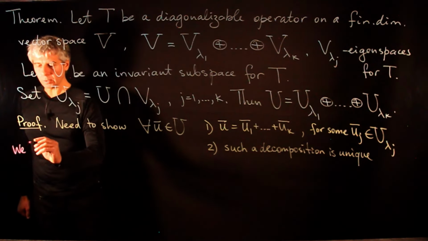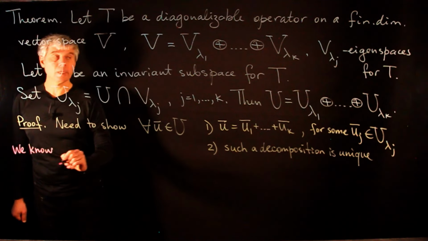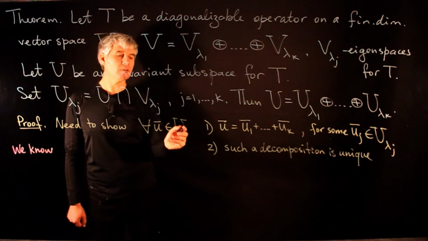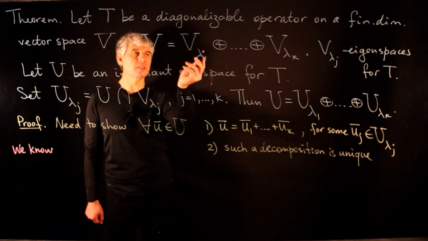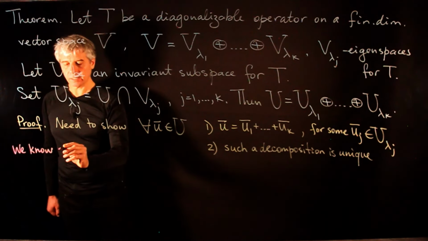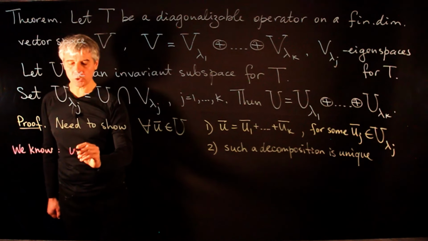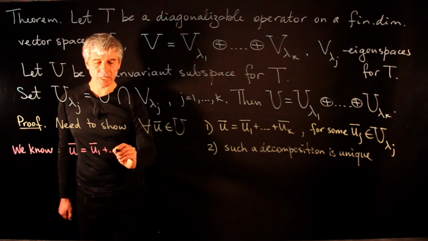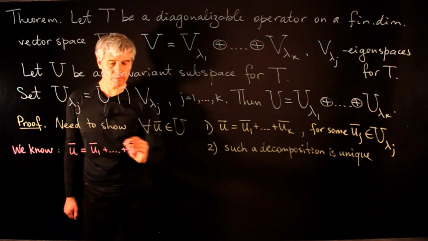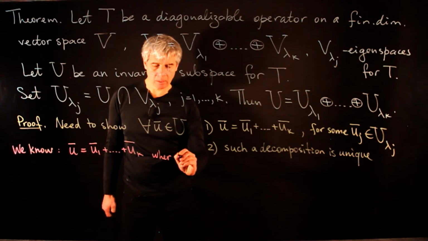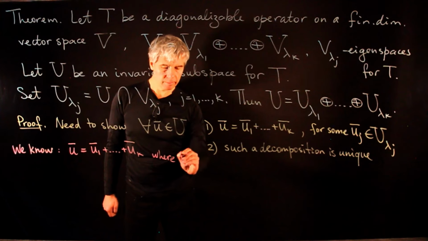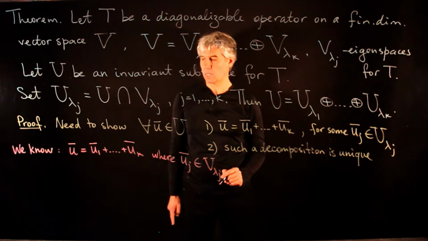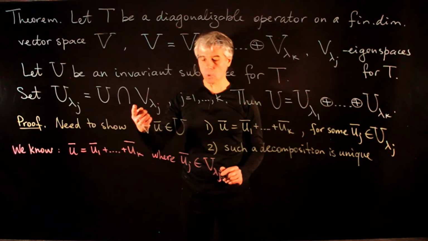What we know is that we have a decomposition for the space V, and u, being a vector in a subspace, also belongs to V. So we can decompose u as the sum u1 plus ... plus uk, where uj belongs to the subspace V lambda j. But we need to prove something stronger.